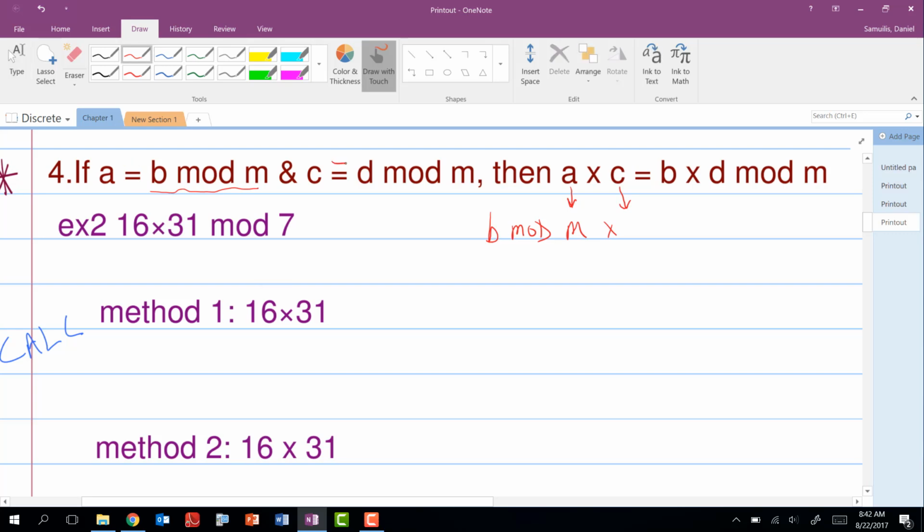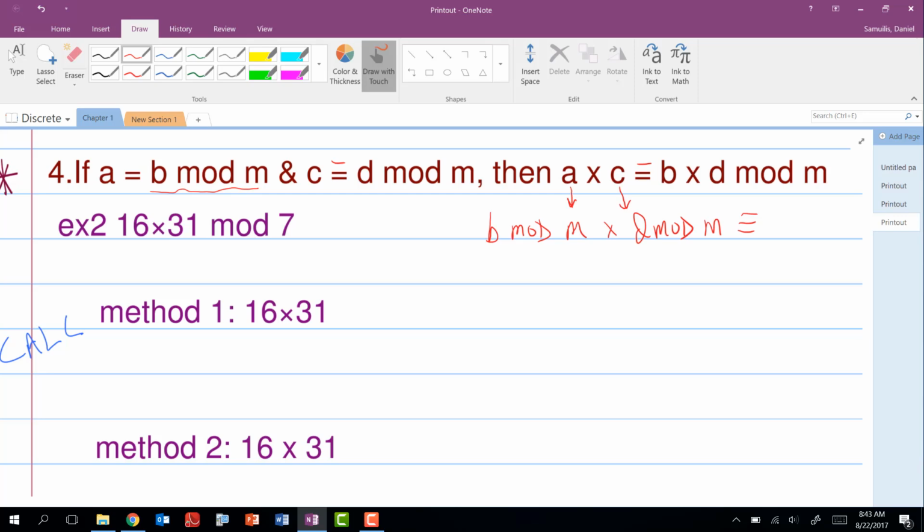Sorry, lack of the congruent sign for my typing. Times c is d mod m. And what this says is, if I have b times d mod m, I can mod m b and d separately and then multiply the answers. That's what it means when we put all the properties together.